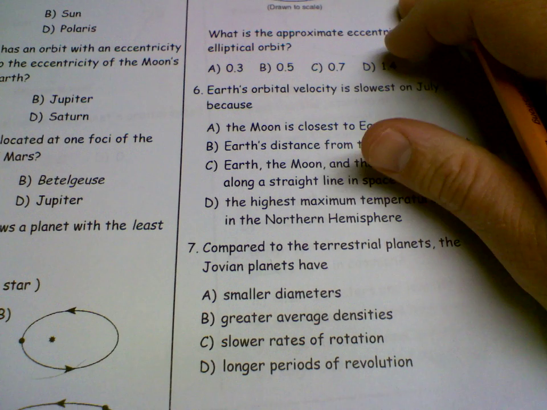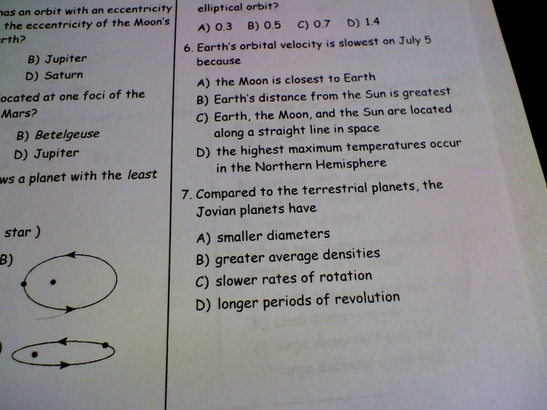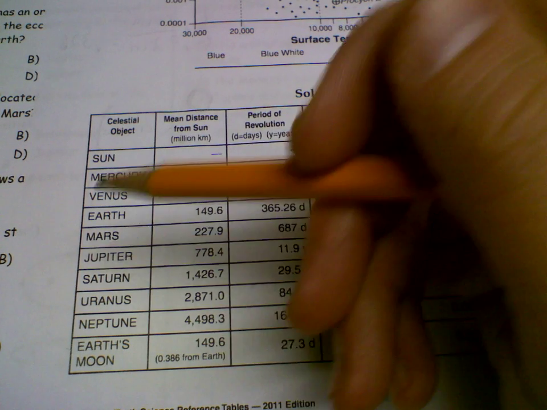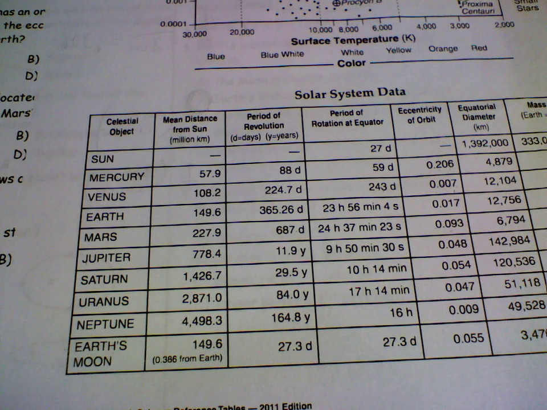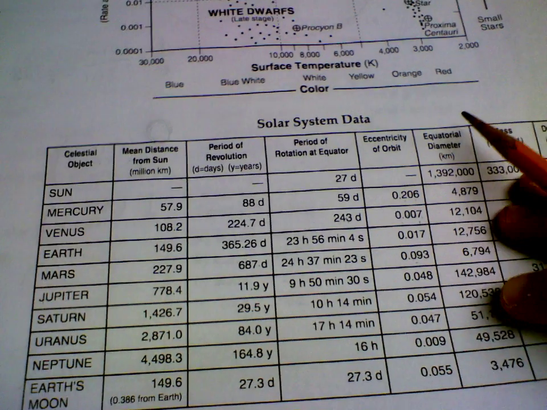Number seven, compared to the terrestrial planets, the Jovian planets have, so you just got to go through the choices here. And if you take a look at choice D, remember the Jovian planets, they are the outer planets. You start with Jupiter, J for Jovian, and look at the, what did we say the answer was here? Longer periods of revolution, right.